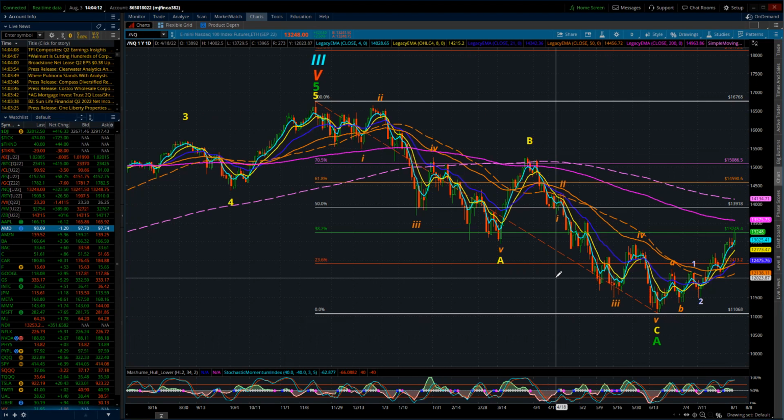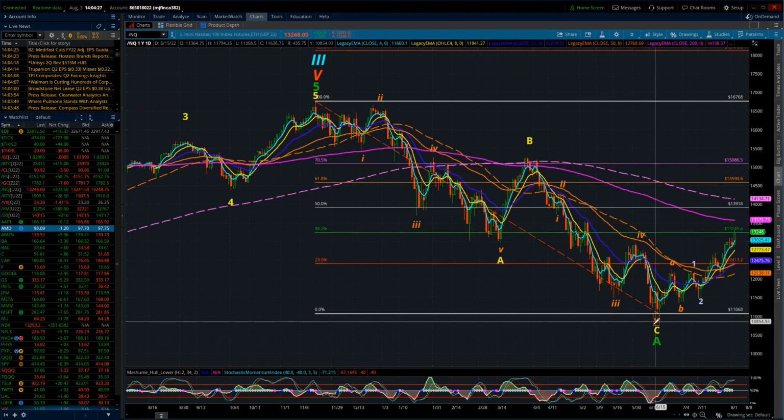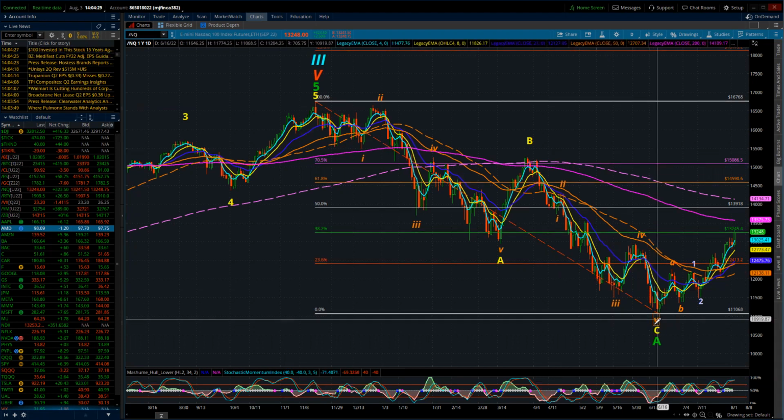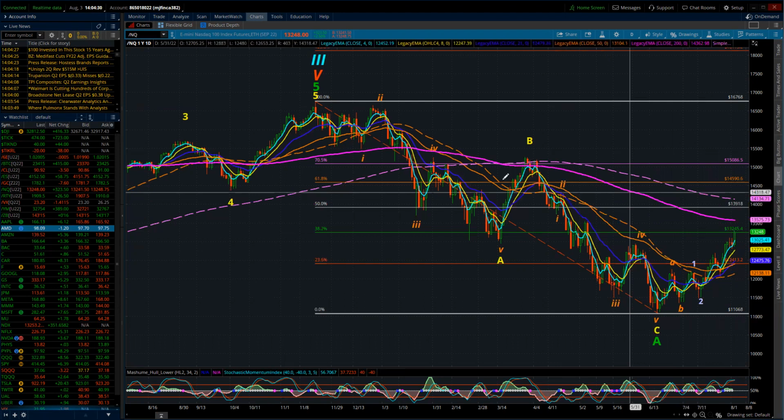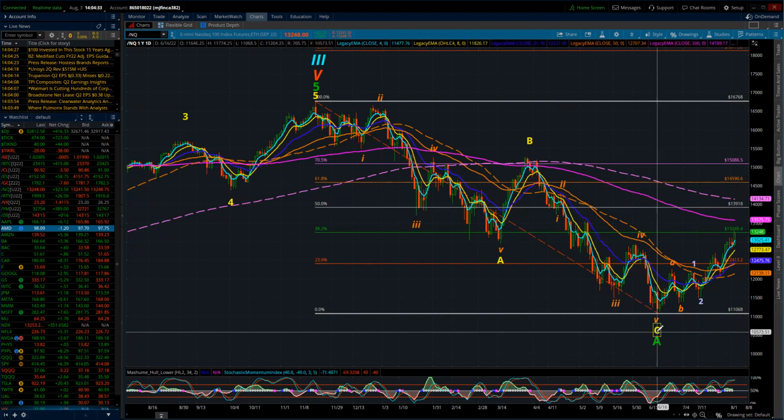So it did allow me the opportunity to switch over and show the alternate view. The second of the two, I've been running with the first one, and that was where this would be minor wave 1, then this is a minor wave 2 of the intermediate wave C. And the alternate is the following.